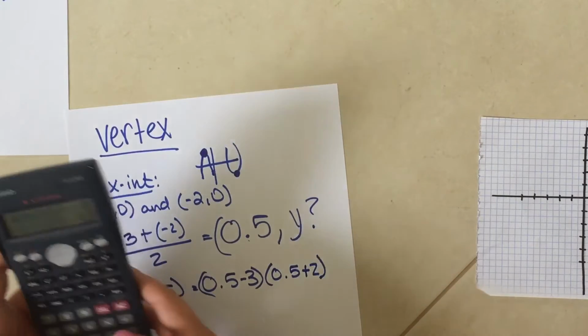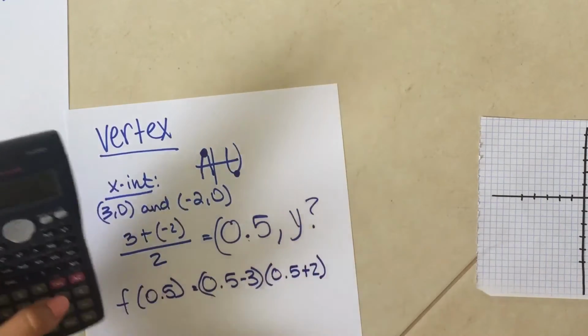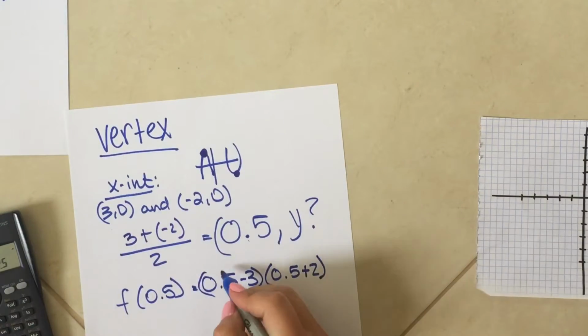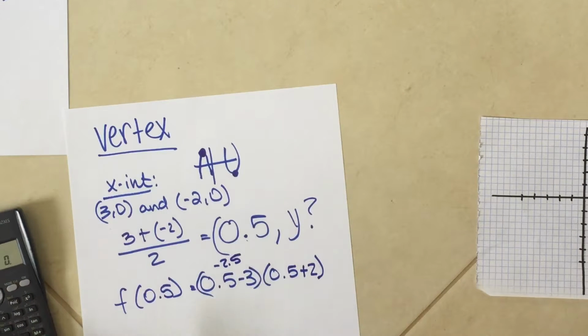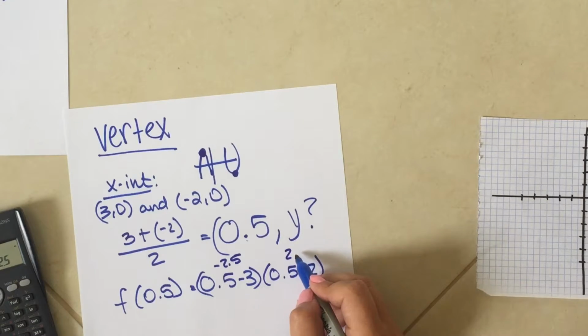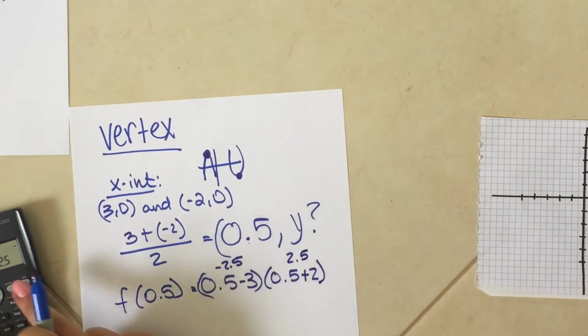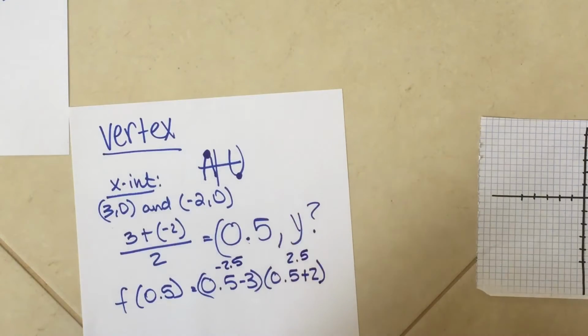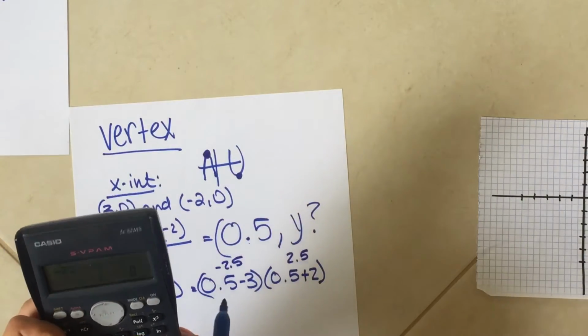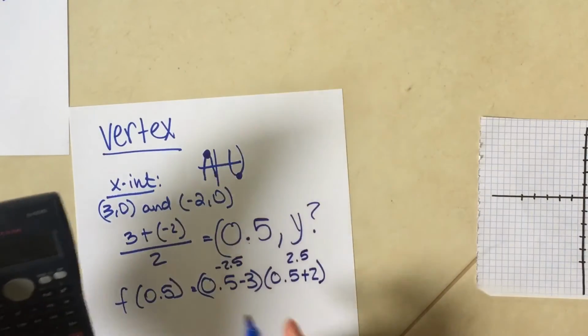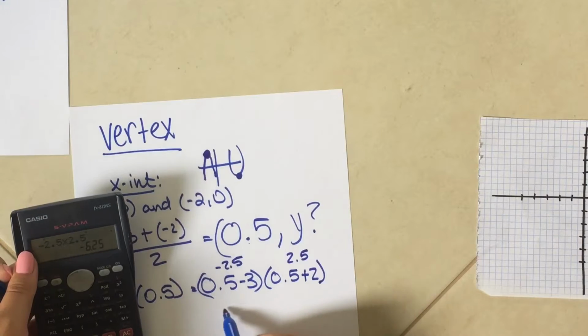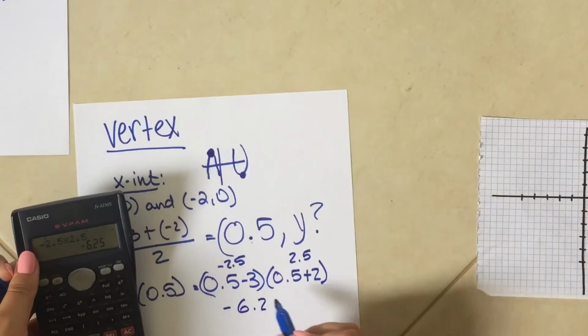0.5 minus 3, which is negative 2.5. And 0.5 plus 2, which is 2.5. So now multiply them both together, and we get negative 6.25.